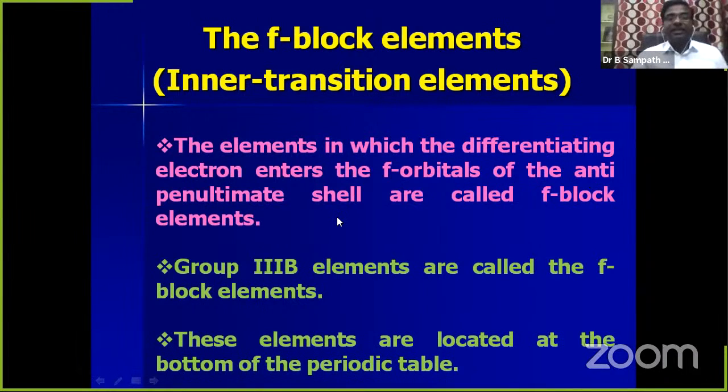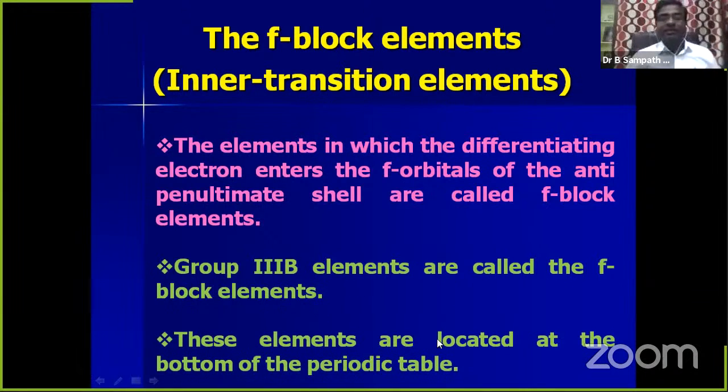Let us see in the next slide what the penultimate and anti-penultimate shells are. So the elements in which the differentiating electron enters the f orbitals of the anti-penultimate shell are called f block elements. Here group 3 elements, group 3B elements, are called the f block elements.